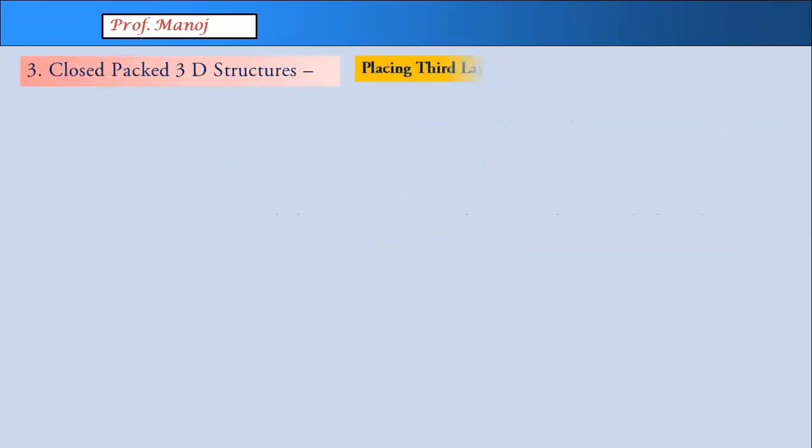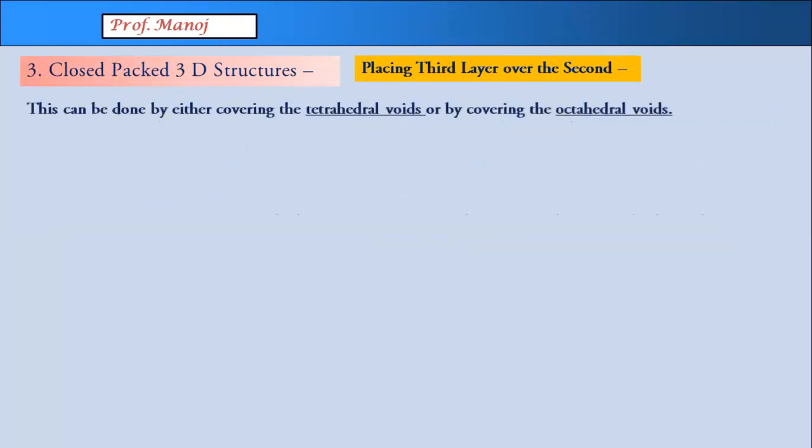So we come back now to placing the third layer over this part. When you place the third layer in hexagonal, you can either cover tetrahedral voids, or you can cover octahedral voids.